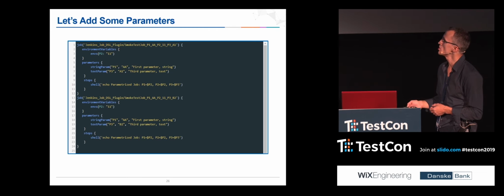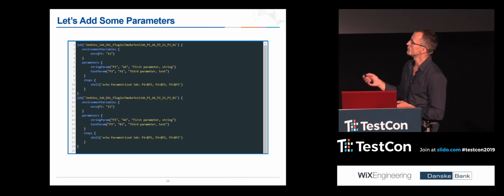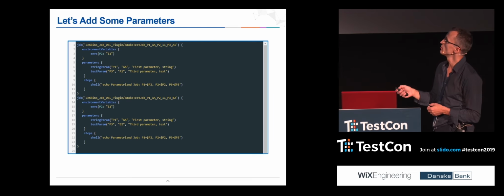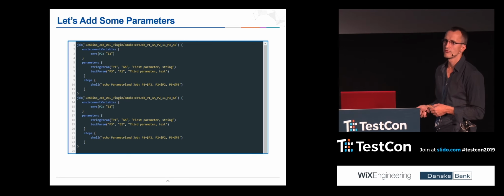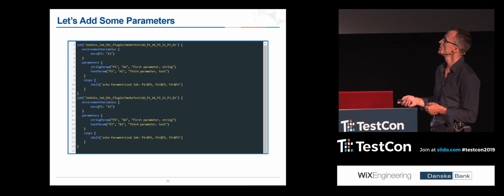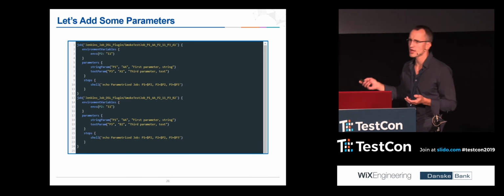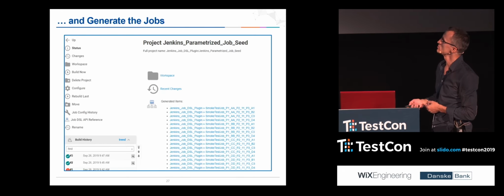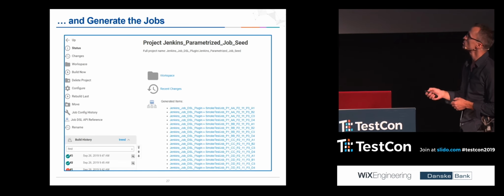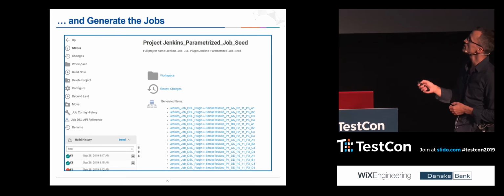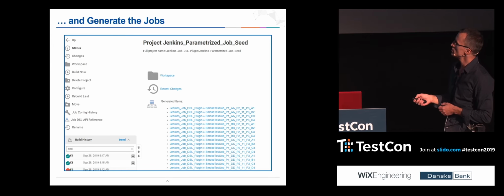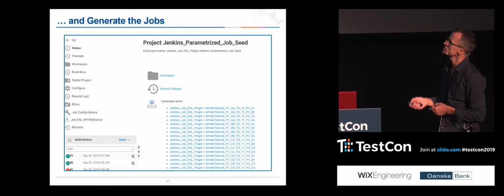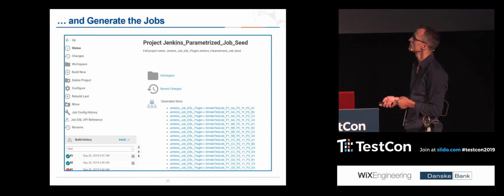And we have another job which differs from the previous one only by the values of some parameters, right? And we create like 60 definitions like that and generate them. This is more or less what we've got. This is our parameterized seed job, and the list of all the jobs that it eventually generated, right?